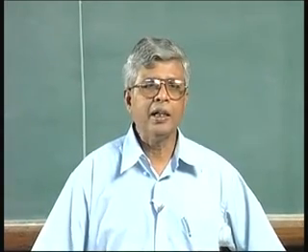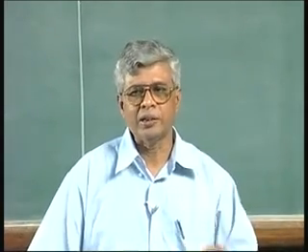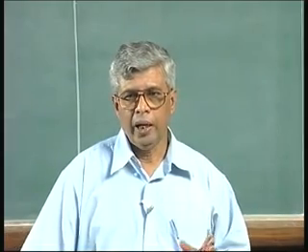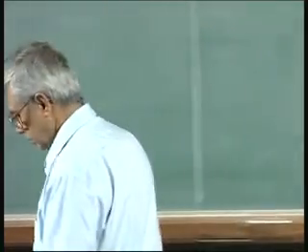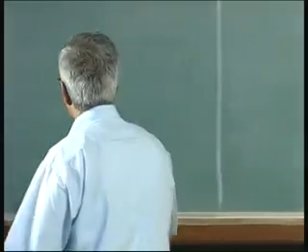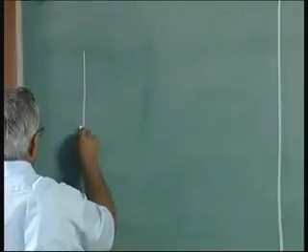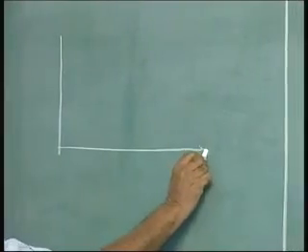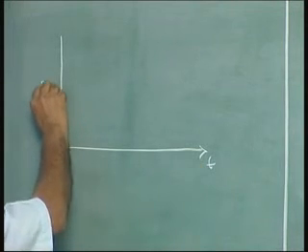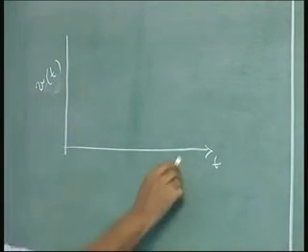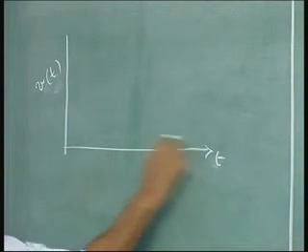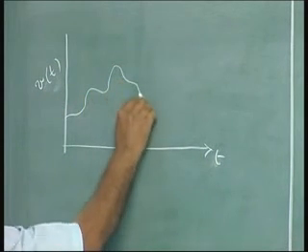Normally, a signal can take any value, of course, within given limits, and at different instants of time. A signal varies continuously. For example, you have a time variation of a signal, voltage level of a signal as a function of time.